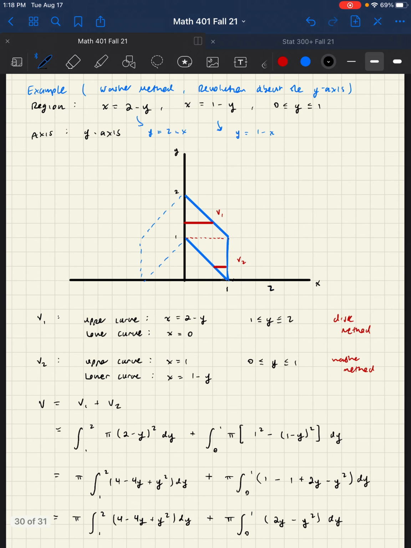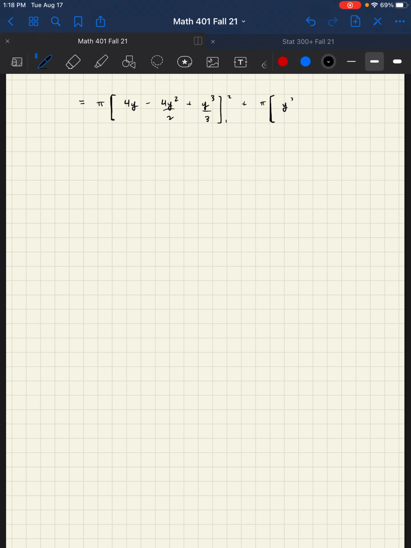From 1 to 2, plus pi times [y squared minus y cubed over 3] from 0 to 1. This is horrible, but it's fine. We need to get used to these sorts of calculations because they're going to come up a lot.